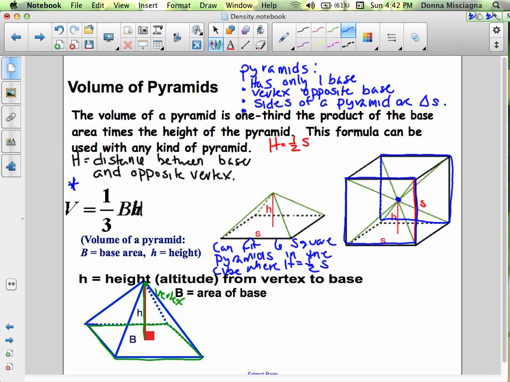If H equaled S, then we could fit only half as many pyramids in the cube. So then we could fit 3 pyramids in the cube.